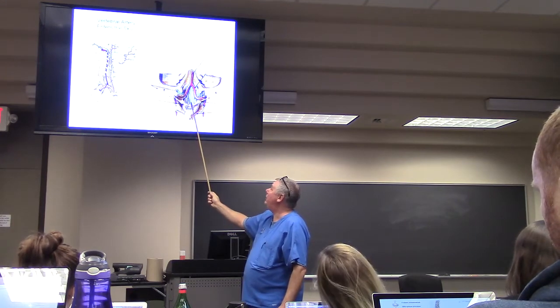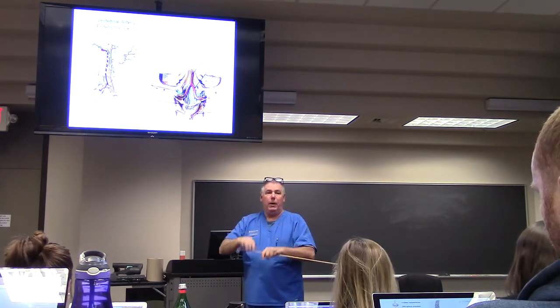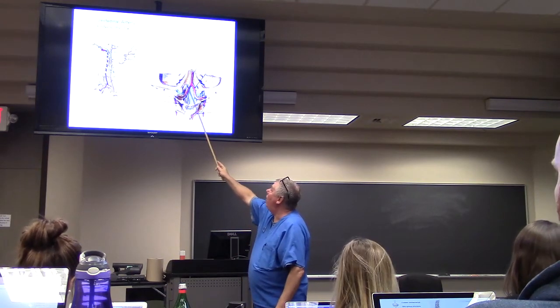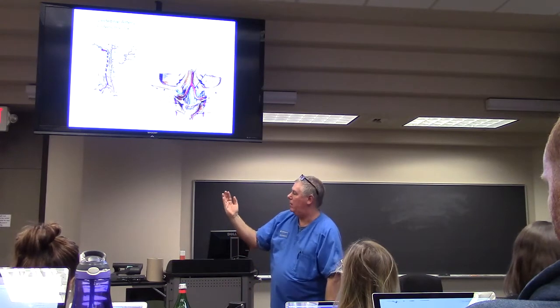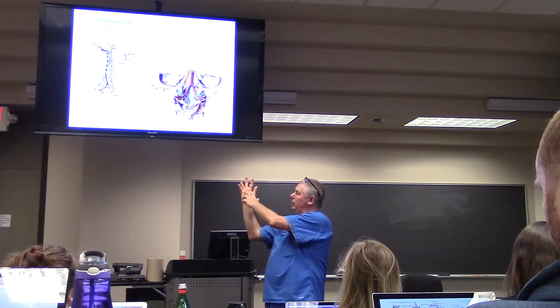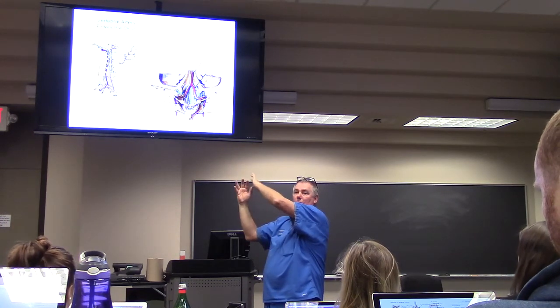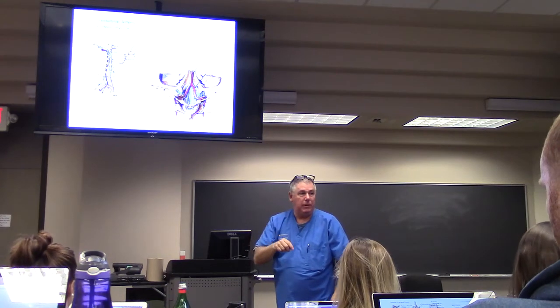As you get up here to C1, it widens out and attaches to the skull more like a funnel type thing. Here's the posterior longitudinal ligament, and it attaches to the skull in a more rounded way, not just in one little place.